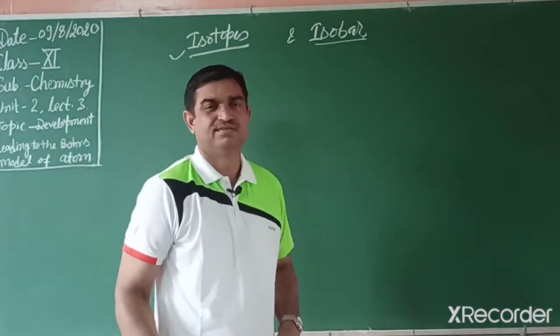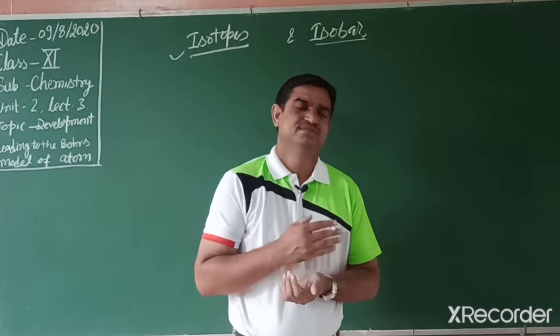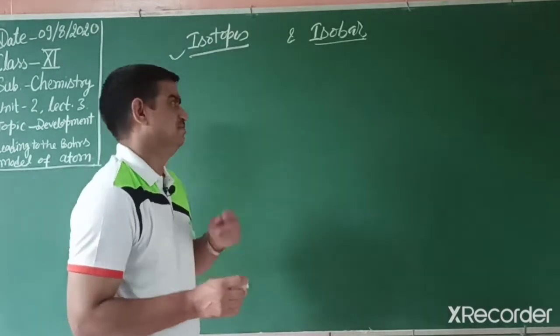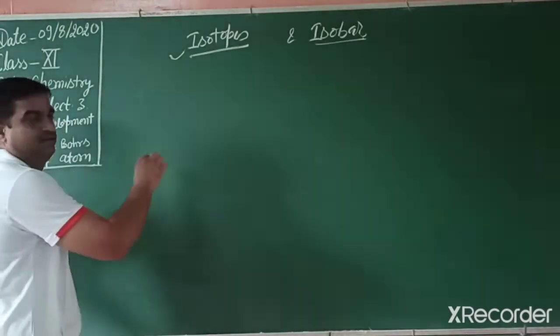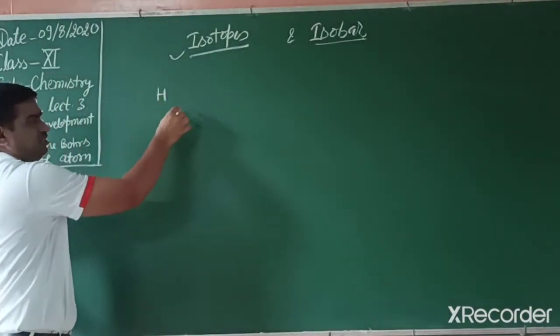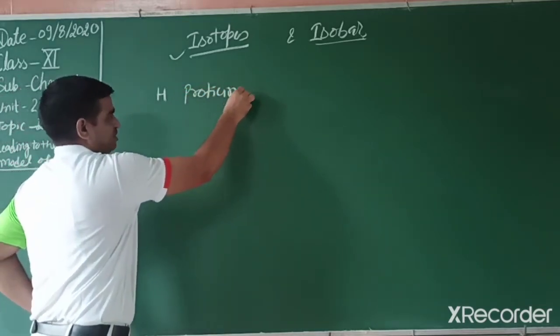Isotopes are substances having the same atomic number but different mass number. It means isotopes of the same element. For example, hydrogen has 3 isotopes. First hydrogen is protium. Normal hydrogen is protium.